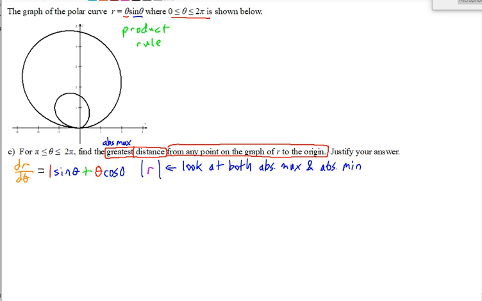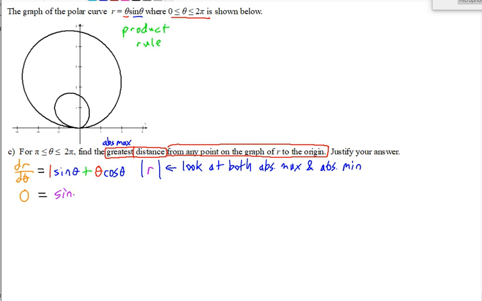So that's our derivative. And we want to see where this is 0 or undefined to find our critical numbers. But notice sine and cosine, there's no denominator, those are defined everywhere, so we just want to see what makes it 0. So I want to see what makes this equal to 0.